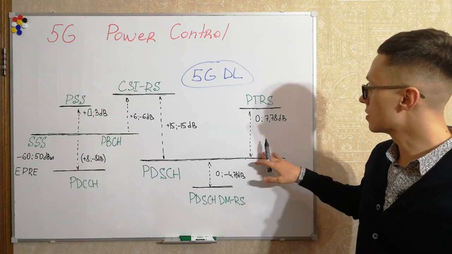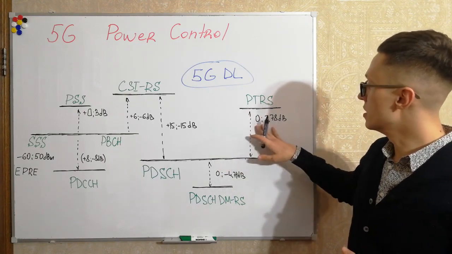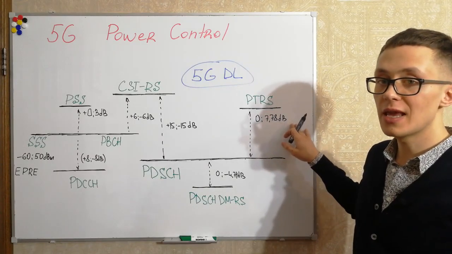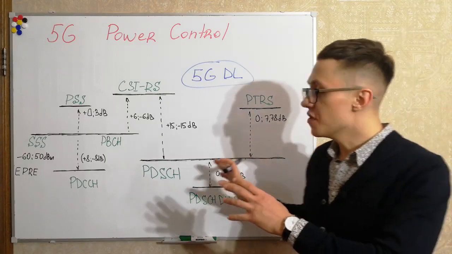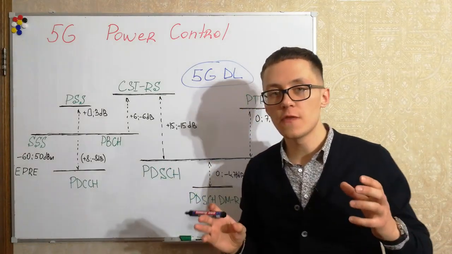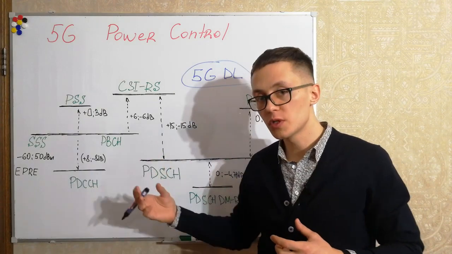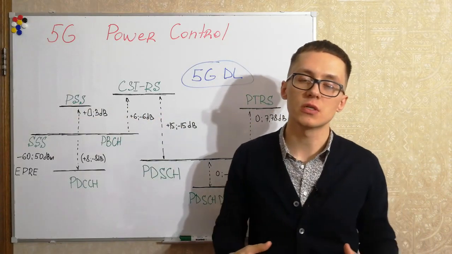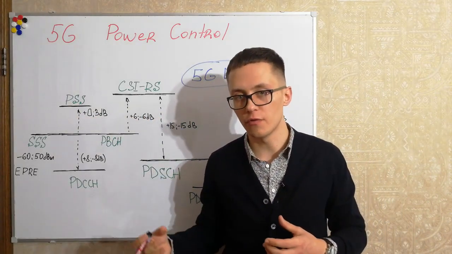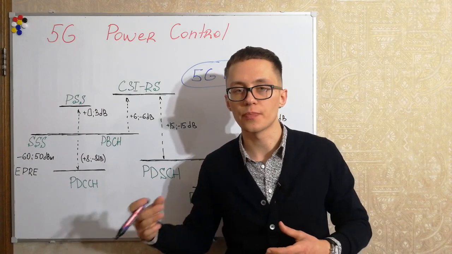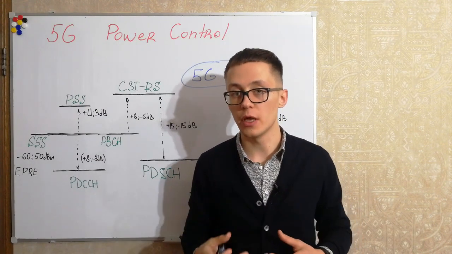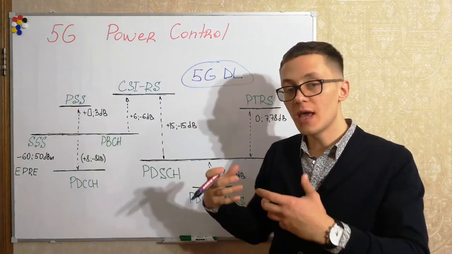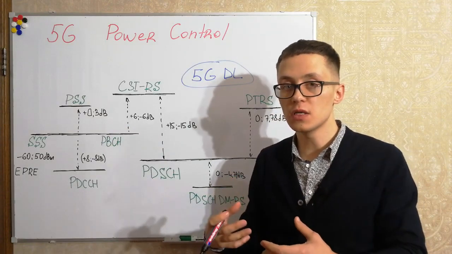Phase tracking reference signals again can be boosted from 0 to 7.78 dB. The main thing that we should know and understand is that if we want to boost some reference signals in order to increase the downlink coverage, in order to solve some problems in the downlink direction, we basically take the energy for boosting from other signals.